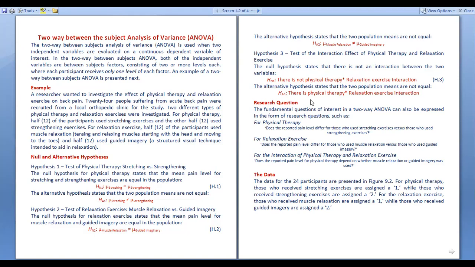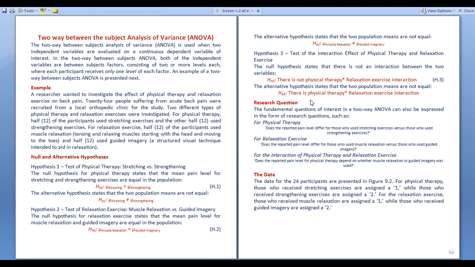Now, in physical therapy, half of them are going for stretching exercises, and the remaining half are going for strengthening exercises. Whereas for relaxation exercises, half of them are going for muscle relaxation, whereas the remaining half are going for guided imaginary. So that's the data here.